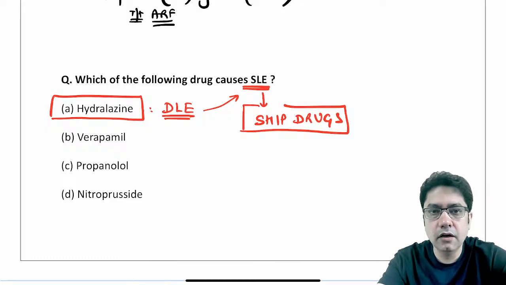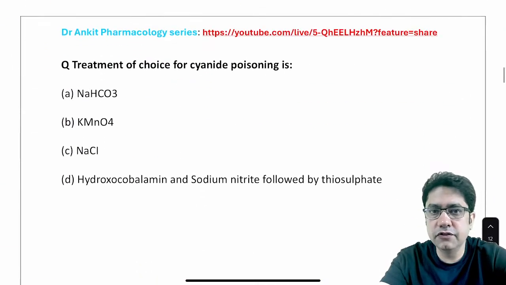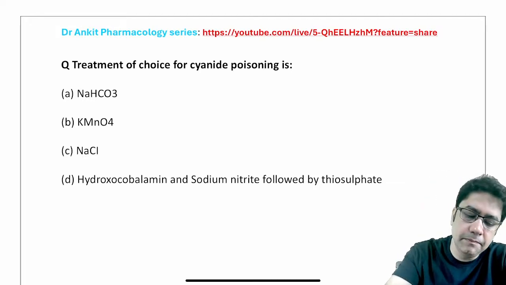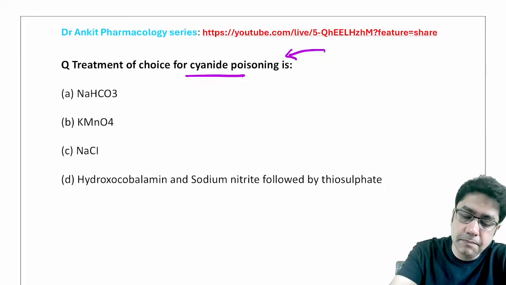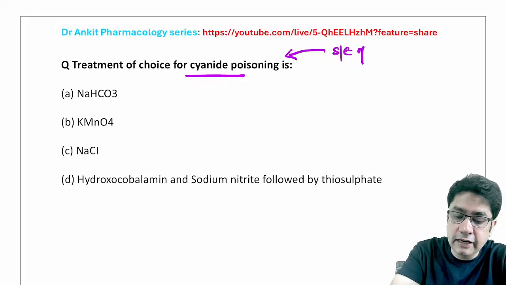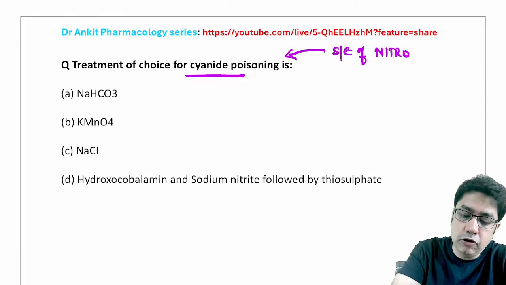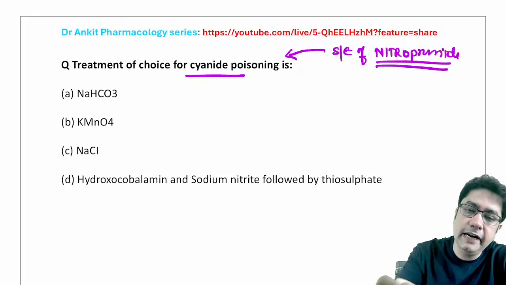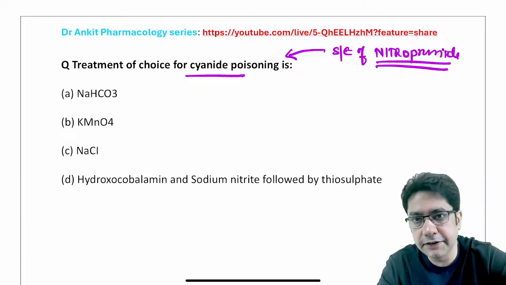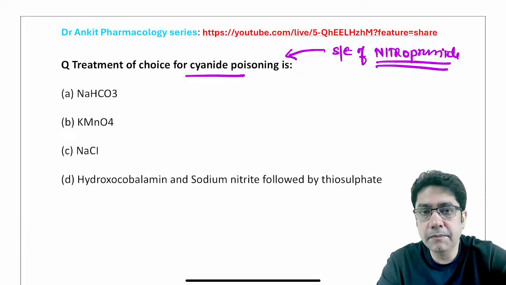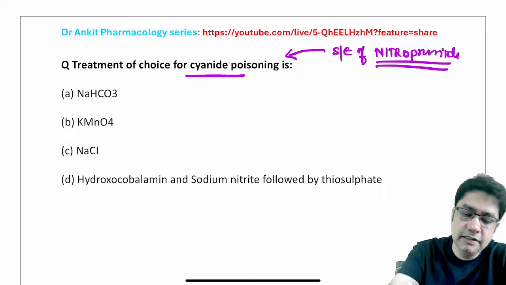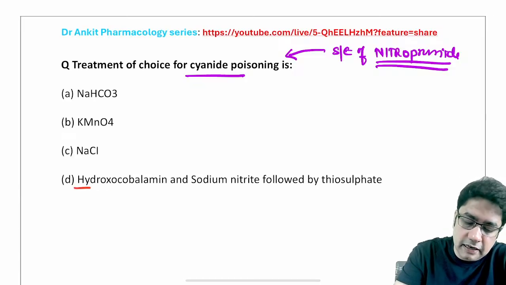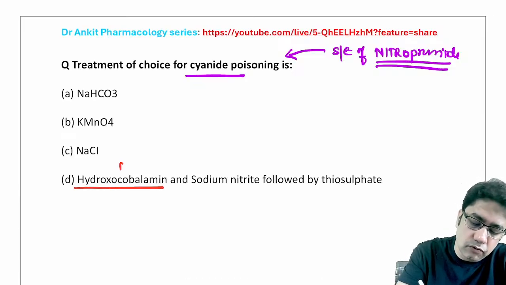Great. So next question is treatment of choice for cyanide poisoning. Remember, cyanide poisoning can be caused by a side effect of nitroprusside. Nitroprusside is an antihypertensive drug. It goes to the liver and it gets converted into cyanide. Now remember, when a patient of cyanide poisoning comes, the first treatment is hydroxycobalamin. It is the overall drug of choice, which is vitamin B12.